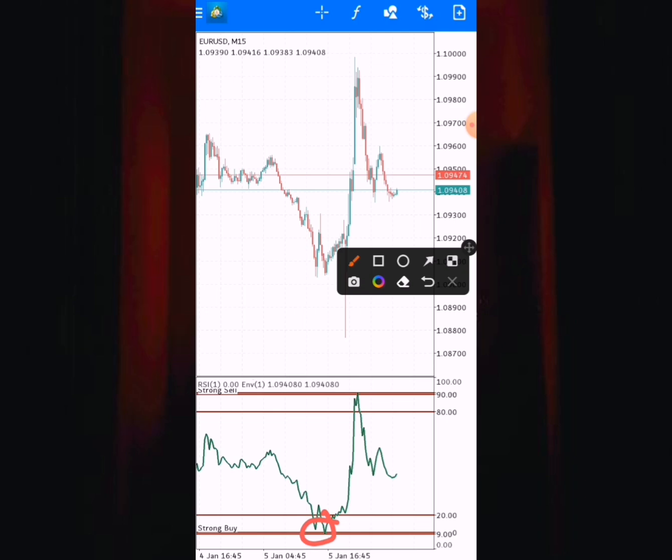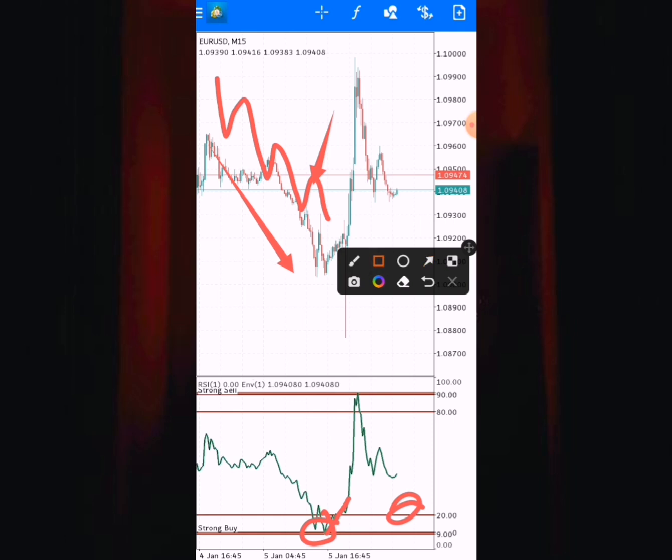Once price has touched the 9 line level and is on its way to the top, above the 20 line level, the next thing you do on the main screen, let's say price was moving downwards, is focus on the last turning point that price made while it was moving downwards.